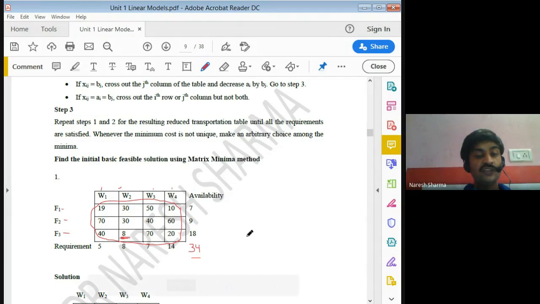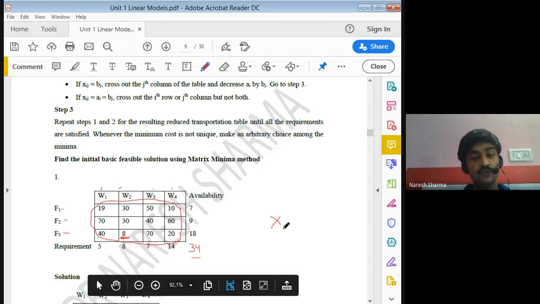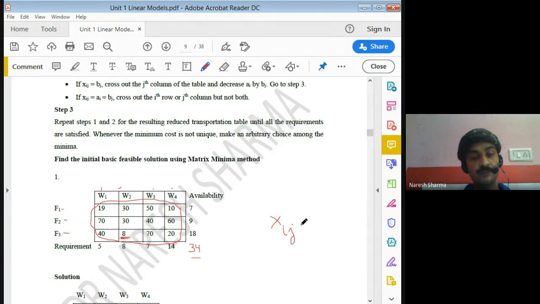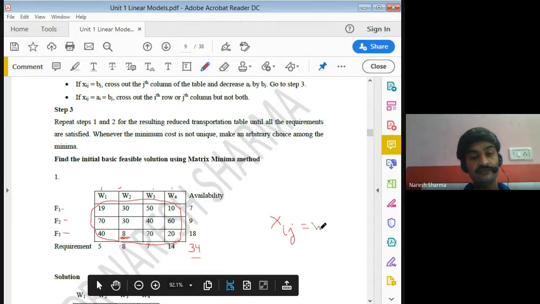Now you choose xij, which is the minimum of ai, the availability corresponding to this 8, this ij location, and the requirement.